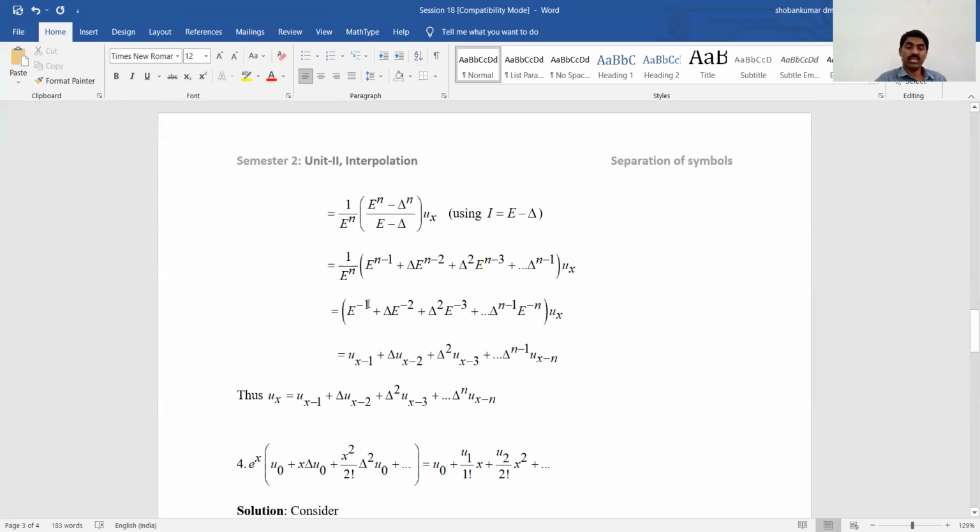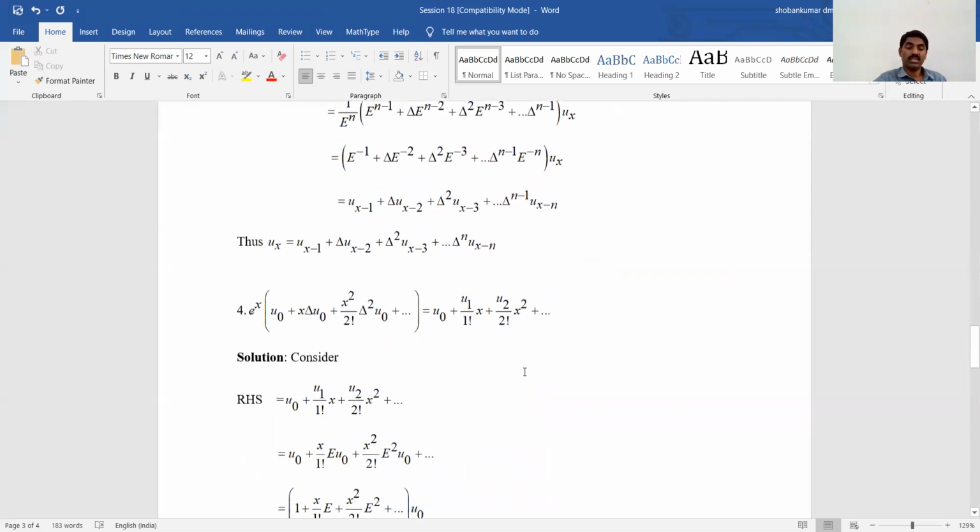Therefore, e raised to minus 1 can be written as ux minus 1 plus delta ux minus 2 plus delta square ux minus 3 plus and so on plus delta raised to n minus 1 ux minus n. Thus ux is equal to ux minus 1 plus delta ux minus 2 plus delta square ux minus 3 plus and so on delta n ux minus n.